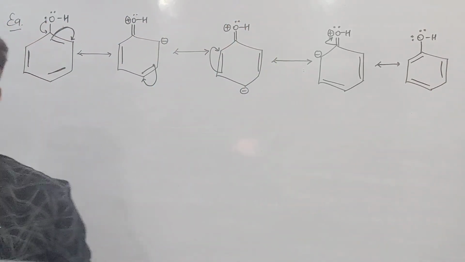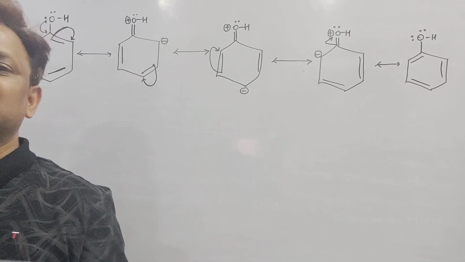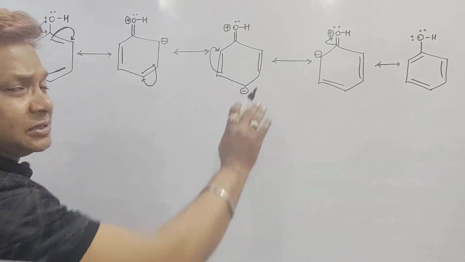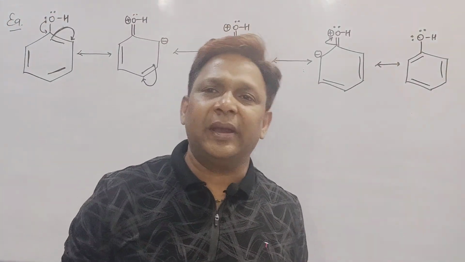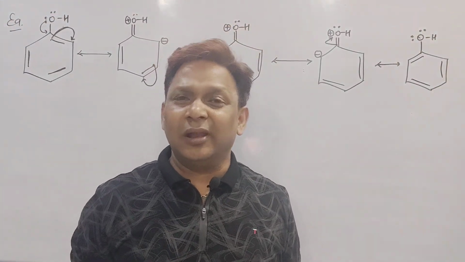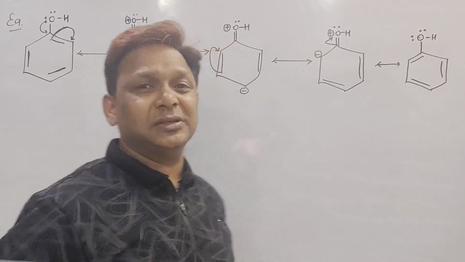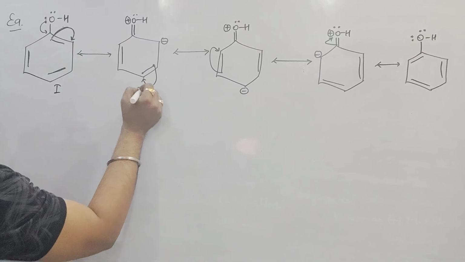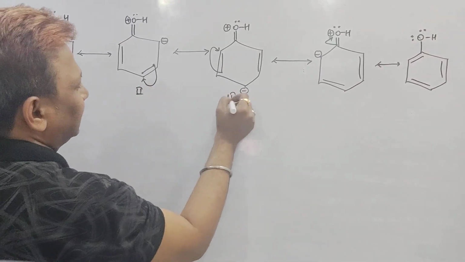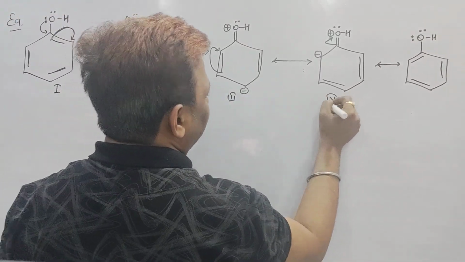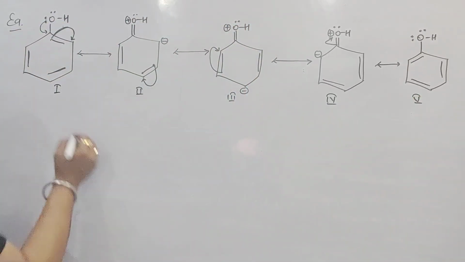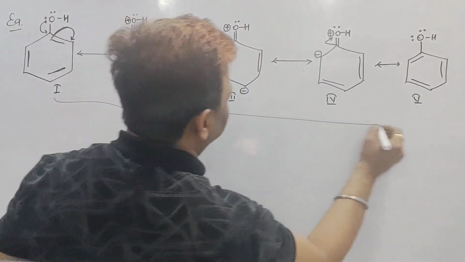But what did you understand in all these 5 resonating structures? In all these structures there will be a transfer of pi electrons. So they all are resonating structures to each other. Structure number 1, structure number 2, structure number 3, structure number 4 and structure number 5, they all are resonating structures to each other.